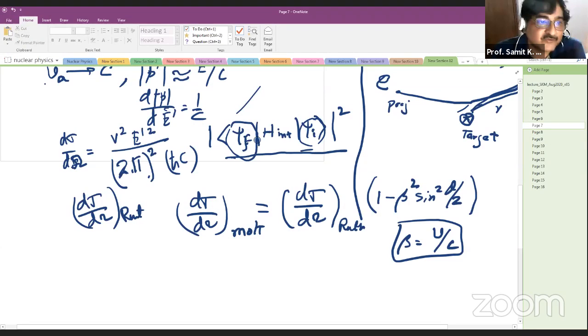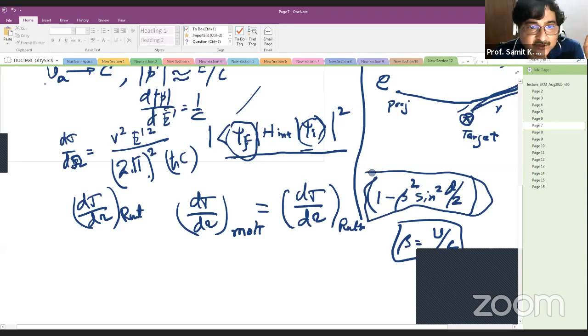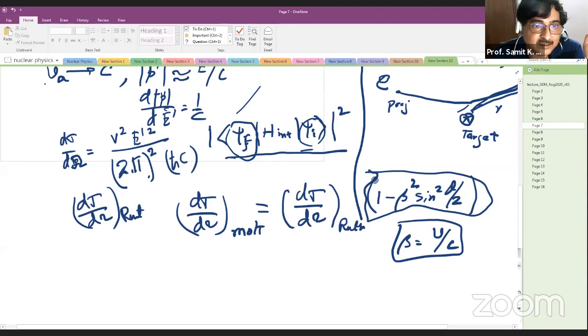But if you include this spin part in your wave function, then you get an extra term in your expression for the scattering cross section. Then your cross section has to be modified, and this modified cross section is called the Mott cross section, which is the Rutherford cross section when you are not considering the spin information in your wave function.